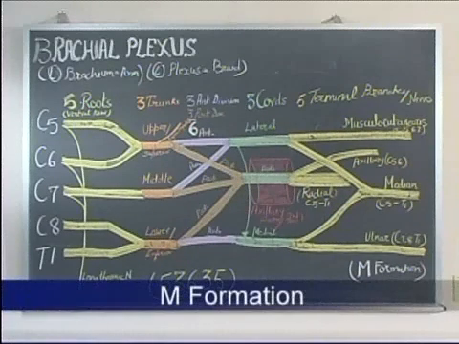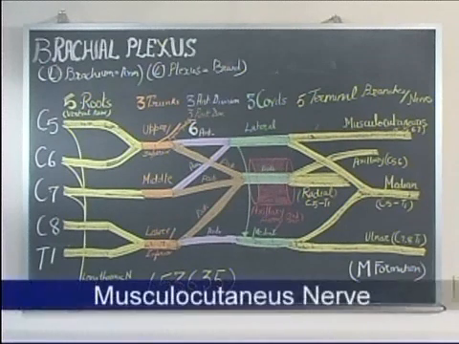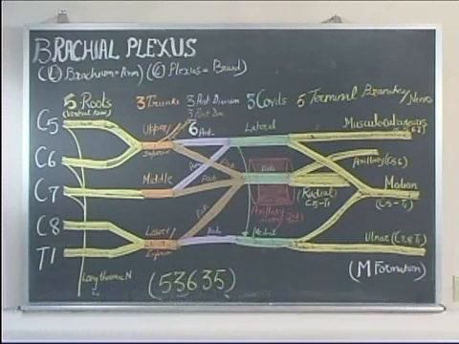There is an M formation by the lateral and the medial cord. If we follow this M, the lateral side of the M is formed by the musculocutaneous nerve, with the spinal levels coming from C5, 6, 7.